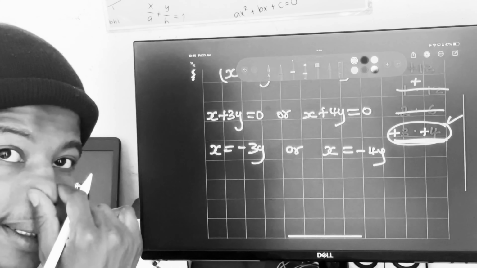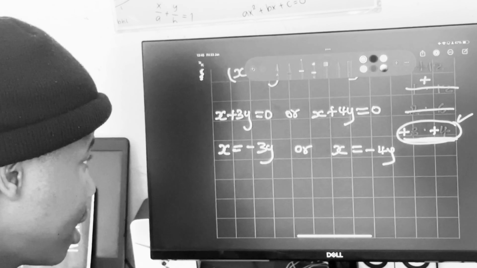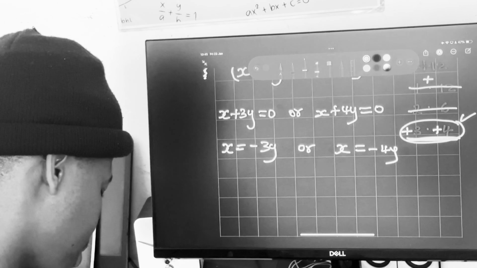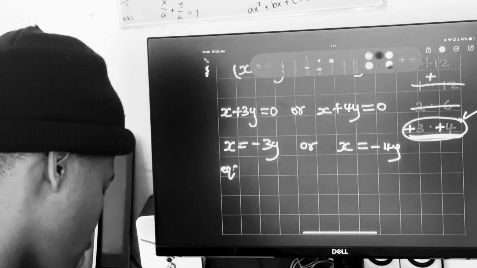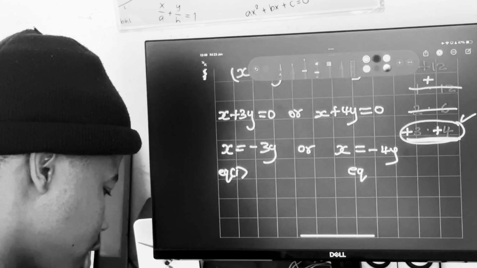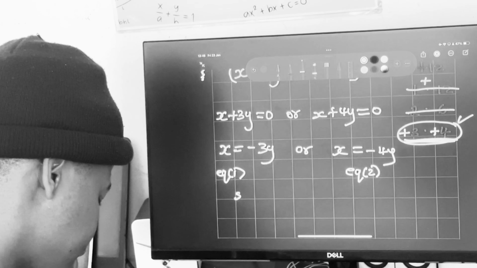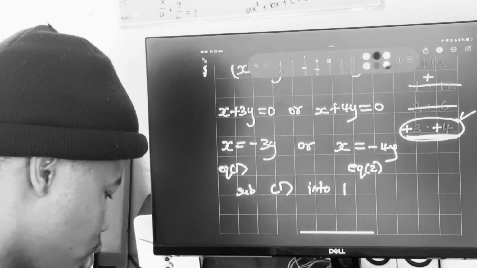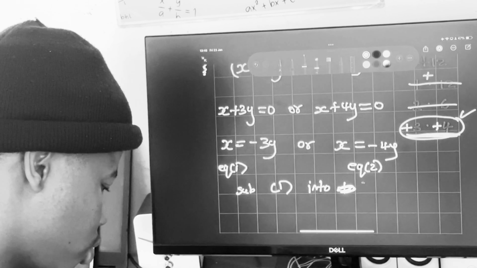All right. Let's see now. I'm going to substitute. This one I'm going to call equation 1, and this one equation 2. I'll sub 1 into 2.